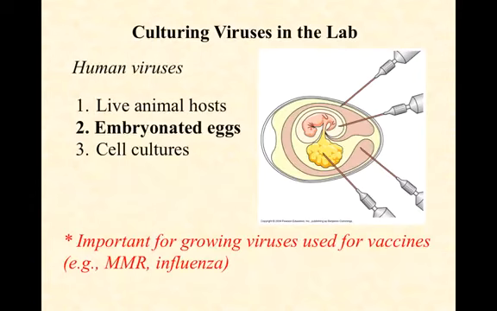Another option for human viruses are fertilized eggs. Fertilized and embryonated mean essentially the same thing. You've got a fertilized chicken egg, and as the chicken fetus begins to grow, multiple layers of tissue called membranes surround it. Now, don't confuse the membranes of a chicken egg with what we've learned to be membranes of a phospholipid bilayer in a cell or an LPS type layer in a gram negative.